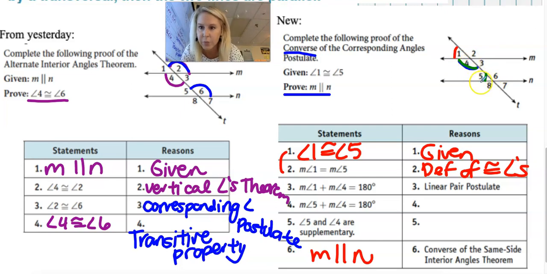Is there a vocab word for 5 and 4 that we already know? Yes. It is the same side interior postulate, but the only thing that happened from 3 to 4 is the 4s stayed the same, the 180 stayed the same, and the 1 became a 5, because we know 1 is the same as 5. So they substituted that 5 in place of that 1, so that's a substitution property.